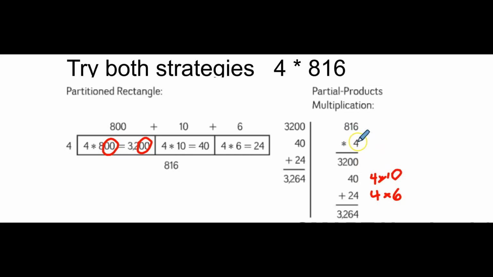And then I'm going to multiply my hundreds place, remembering my place value. Here I'm multiplying 4 times 800. These are my partial products.